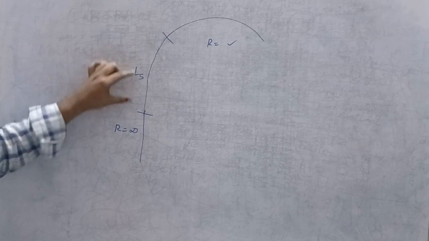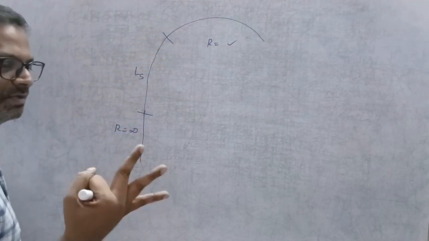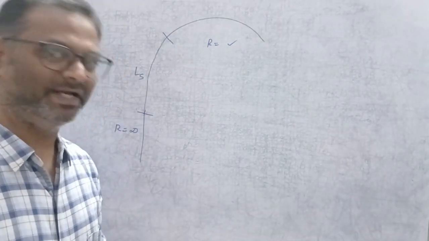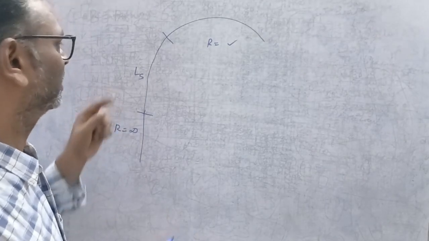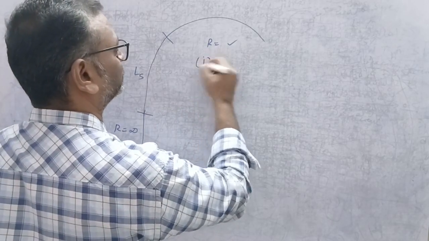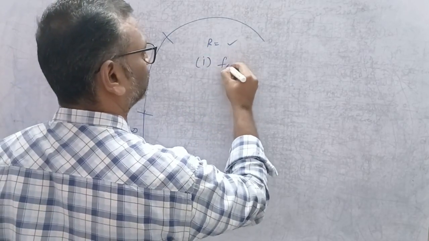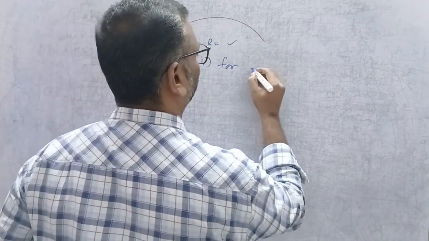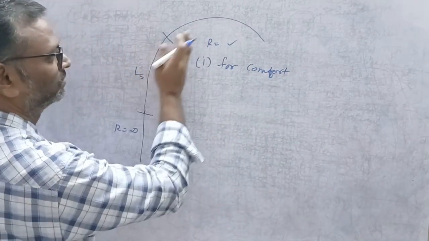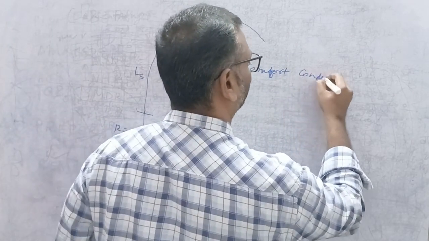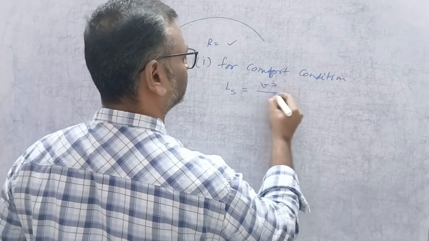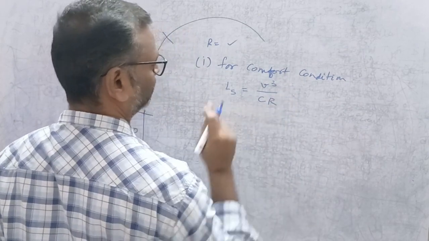Now how to determine the length of the transition curve? We have three types of curves: spiral, cubic parabola, and lemniscate. As per IRC, we are adopting the spiral curve, and we have three conditions. For a smooth transition, the first is the comfort condition, so there should be comfort while riding in the vehicle. For the comfort condition, the length of the transition curve is Lₛ = V³ by CR.